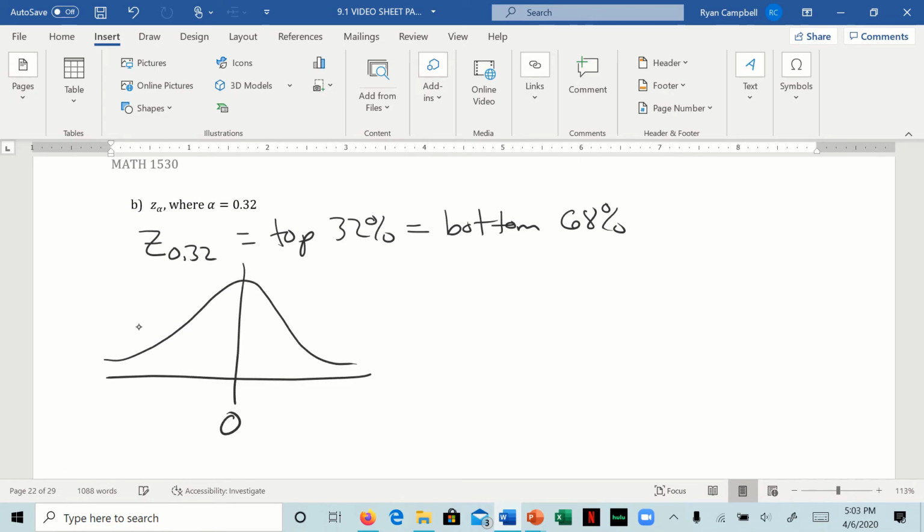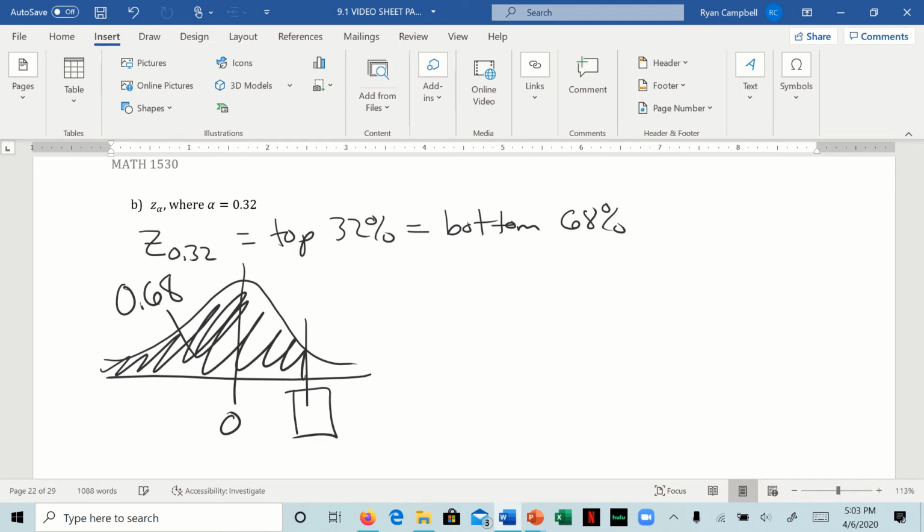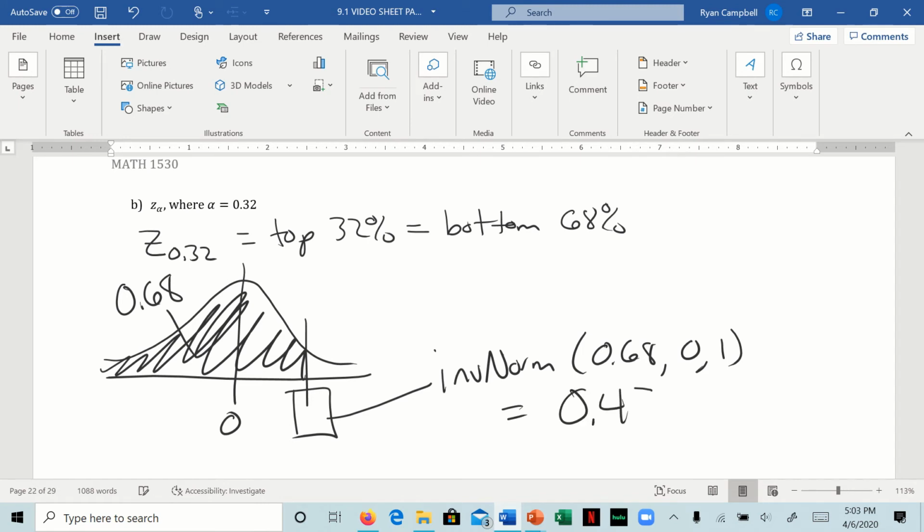Going from the left, up 50% is not far enough, so we got to keep going, shading everything to the left. Remember, the percentage goes up, so that's going to be up here. Z-score is what we want, so we do inverse norm. The area we have is 0.68, comma 0, comma 1. So our final answer is 0.47.